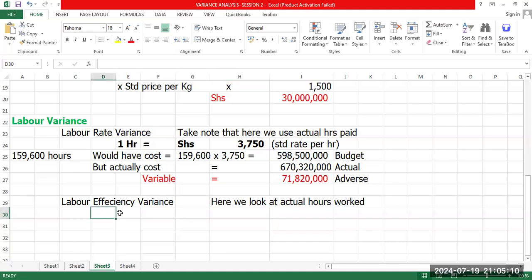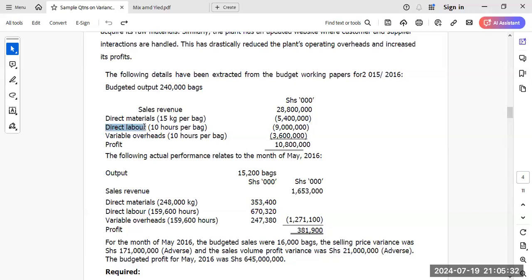So you are planning, according to you, for one bag. Your workers should take how many hours to produce one bag? According to our plan, they are saying that direct labor should be 10 hours per bag.